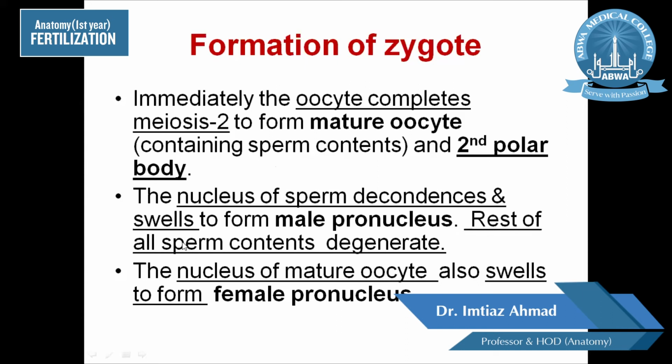Rest of all sperm contents degenerate. What is left behind? Only the nucleus. The nucleus of the mature oocyte also swells, and they form the female pronucleus. So the male pronucleus is formed by the sperm head and the female pronucleus by the mature oocyte's nucleus.